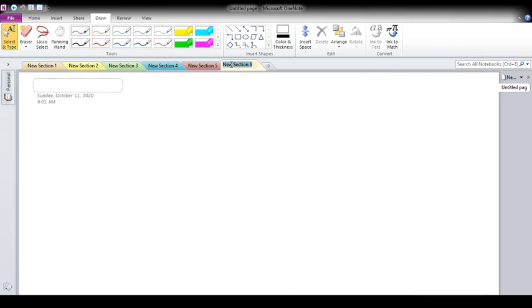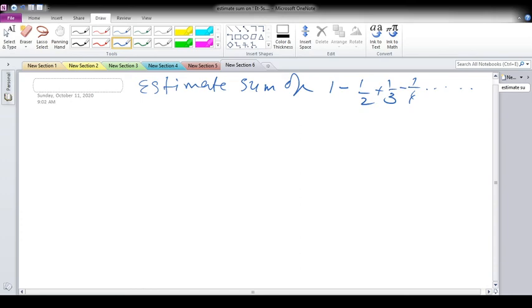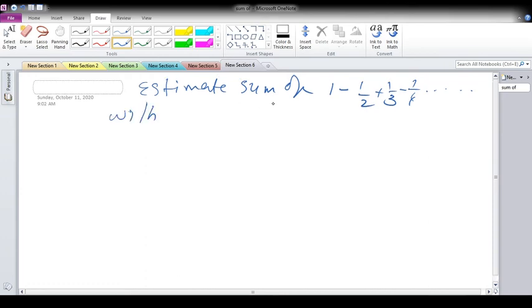So I will explain once more. Given: estimate the sum of 1 minus 1/2 plus 1/3 minus 1/4, an infinite alternating series, with error in the approximation not more than 0.1.